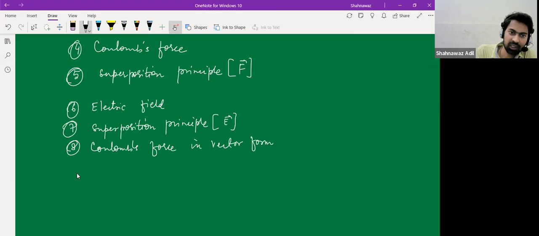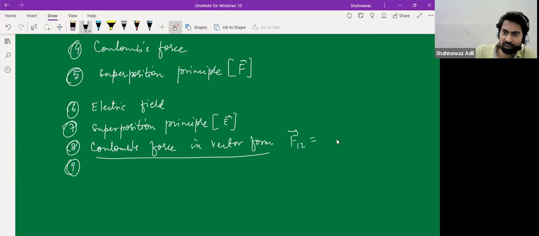And then we need to remember that whenever we calculate F12, it is always (r1 minus r2) divided by the magnitude of (r1 minus r2) cube or square, Aisha? Yes, cube.